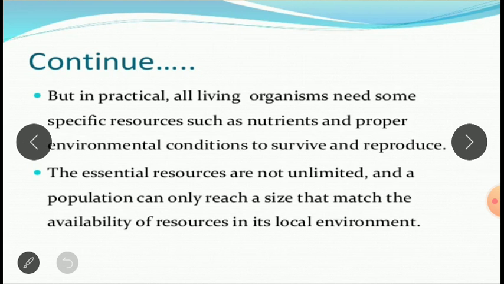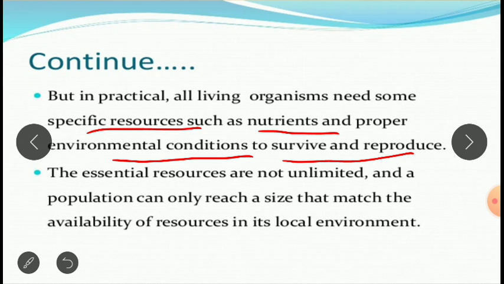But practically, all living organisms need specific resources such as nutrients and proper environmental conditions to survive and reproduce. The essential resources are not unlimited, and the organisms will not get everything they want. A population can only reach a size that matches the availability of the resources in its local environment.